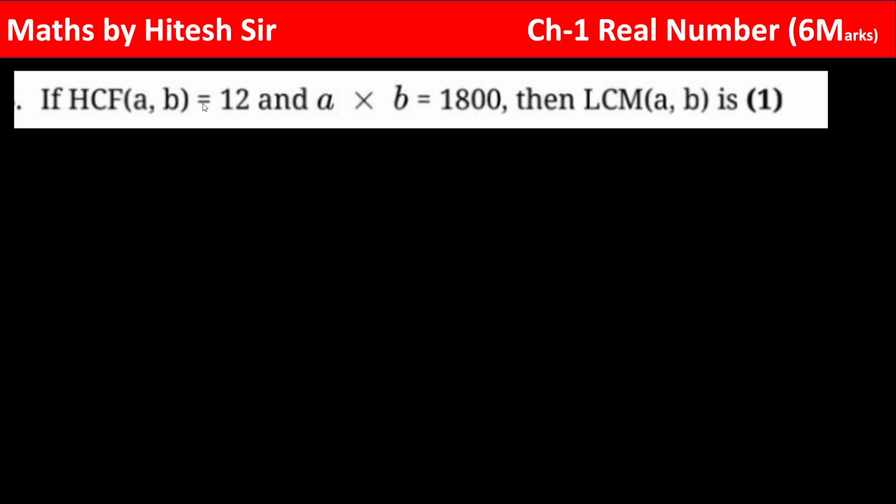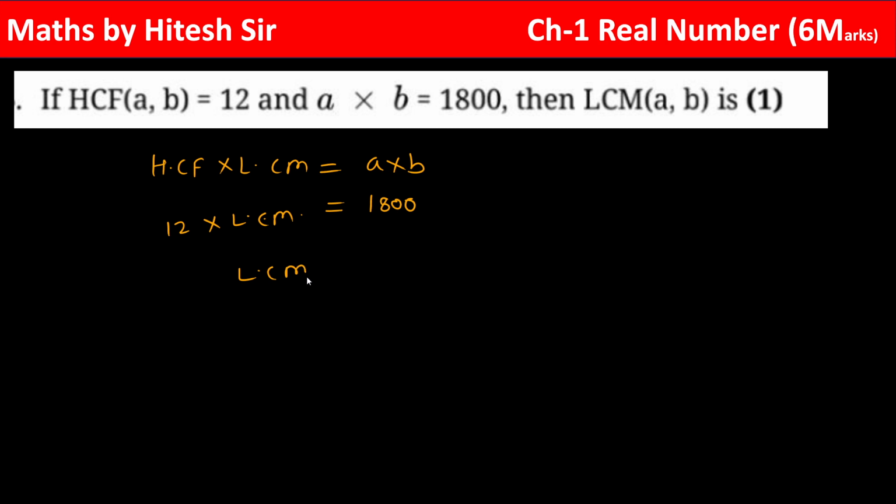Let me check. Here is a question: the HCF of two numbers is 12, their product is 1800, find the LCM. Earlier we discussed that HCF times LCM is equal to A times B. So A times B is written there as 1800. HCF is written there as 12. We need to find the LCM.